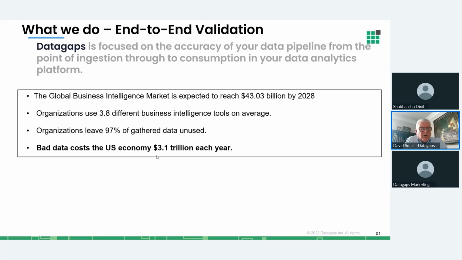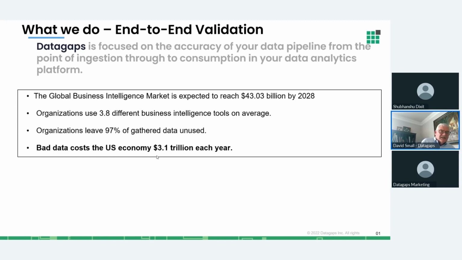The global market for business intelligence is expected to reach $43 billion by 2028. That's one reason we're in this business, because people are relying on business intelligence that is growing, but we also want to make sure that people are making decisions based upon trustworthy data.